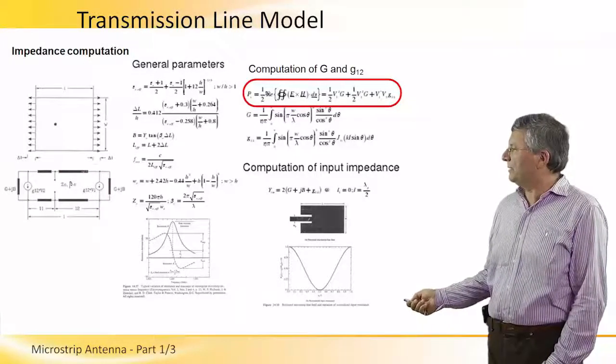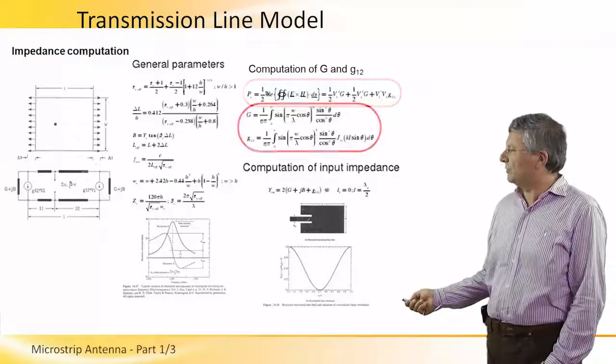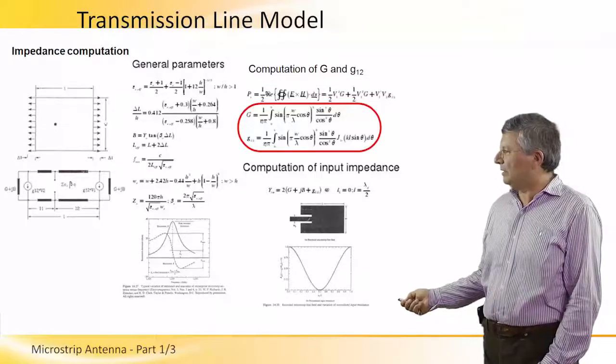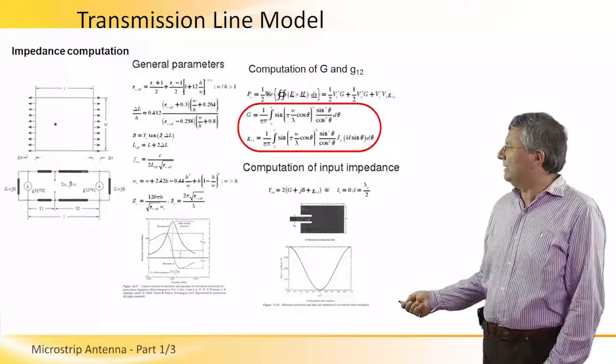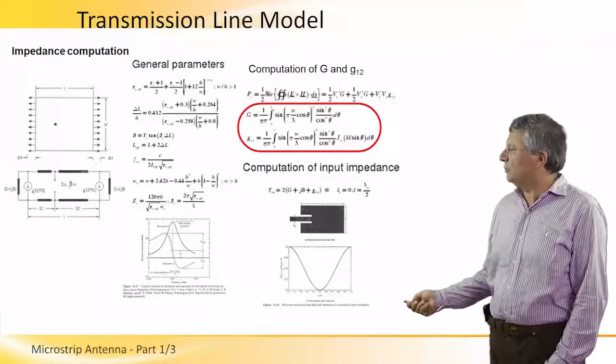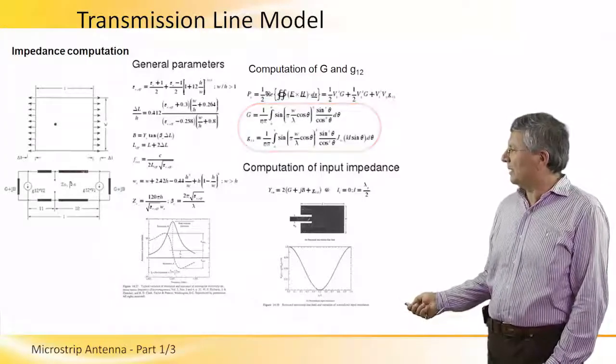We can separate the derivation for the radiation conductance, or admittance, sorry, and G12, which represents the coupling.